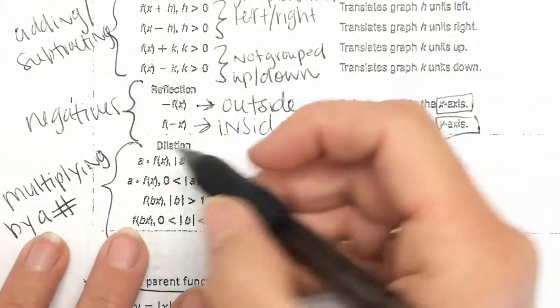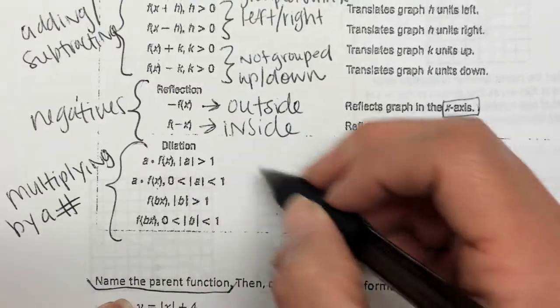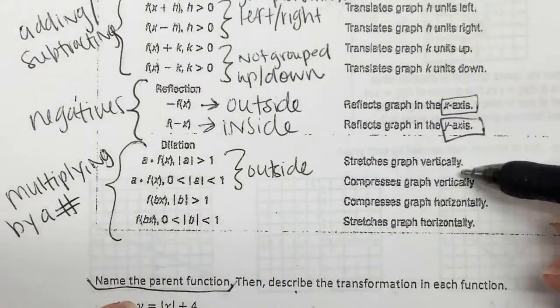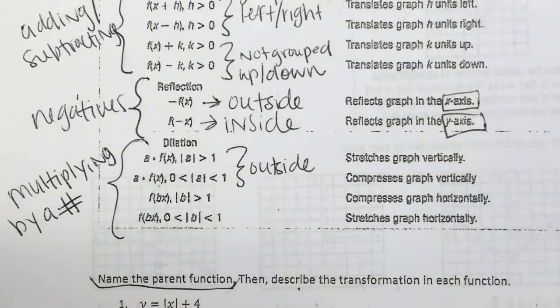Now, the number can be on the outside like this one is, not grouped with x. So if it's on the outside, away from x, it's going to be changing vertically. And stretching vertically means the graph's doing what? It's stretched vertically. If I stretched Simon vertically, he would become what? Taller.